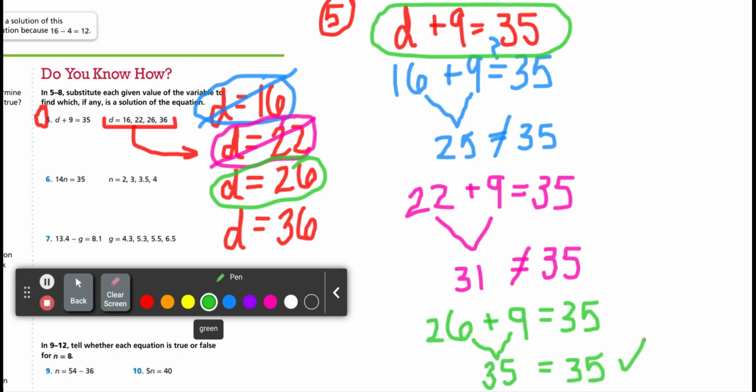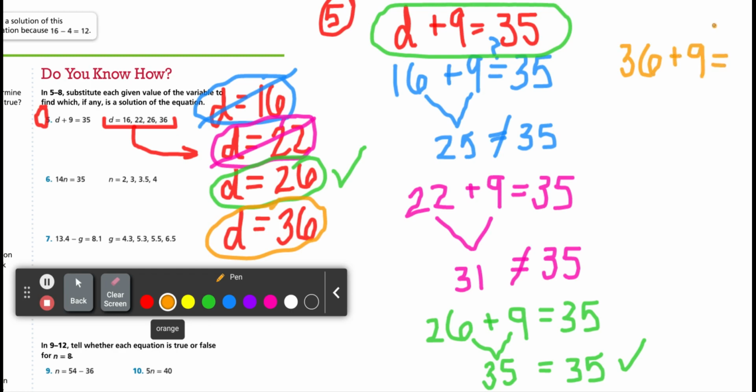Yes, it is. So check: d equals 26. And obviously, d equals 36 is not going to be an answer because we would have 36 plus 9. Will that equal 35? What will the left side of the equation equal? That will equal 45. So 45 is not equal to 35.